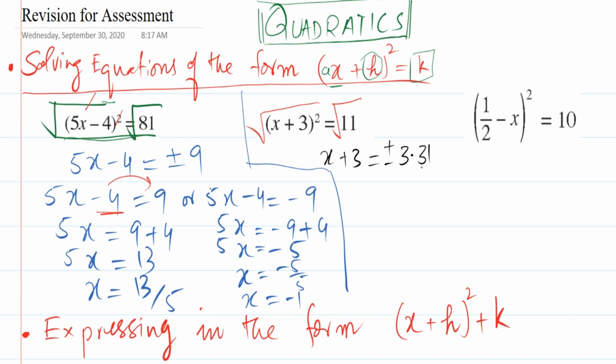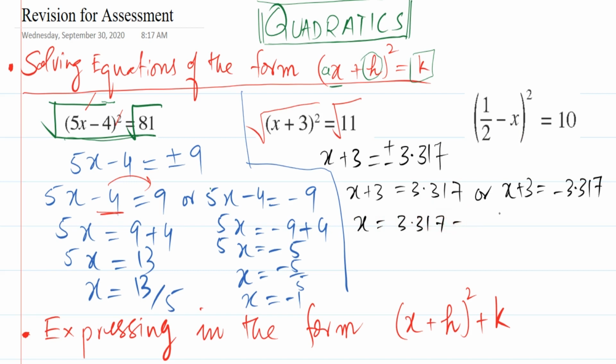We will take it correct to 3 decimal places, 3.317. So x plus 3 is equal to 3.317, or x plus 3 is equal to minus 3.317.